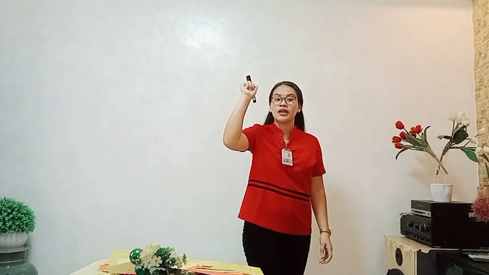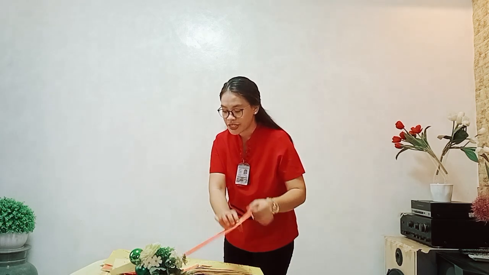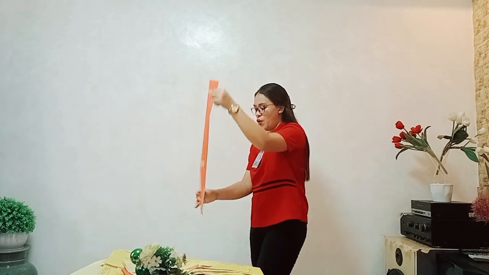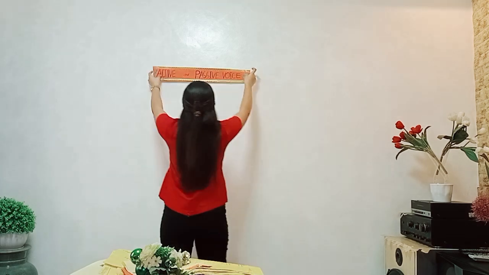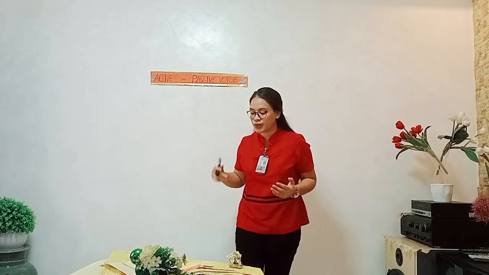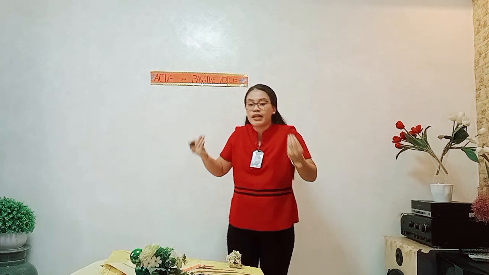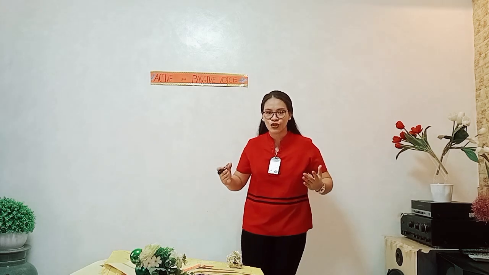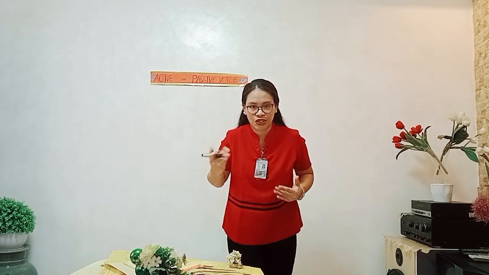I will crumple this paper. So our new lesson for today is all about active and passive voice. The voice of the sentence refers to the form of a verb that indicates when a grammatical subject performs the action or receives the action. So that is the voice of the sentence.